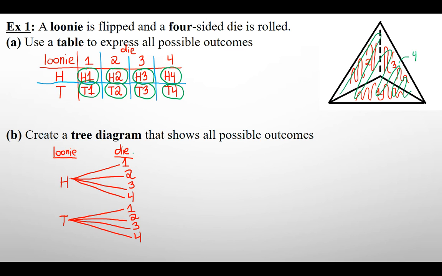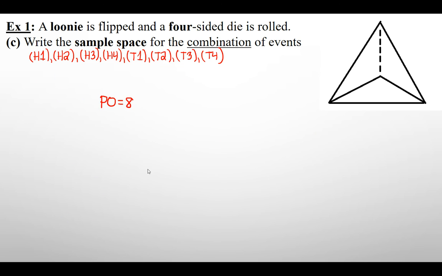For a tree diagram, to count the total number of possible outcomes, you just need to count the number of branches you have on the tree. So you have 1, 2, 3, 4, 5, 6, 7, 8. You combine the heads with the numbers I've circled here and the tails with the numbers I've circled, but the number of branches does tell you how many possible outcomes there are going to be. Okay, so you have 8 possible outcomes.